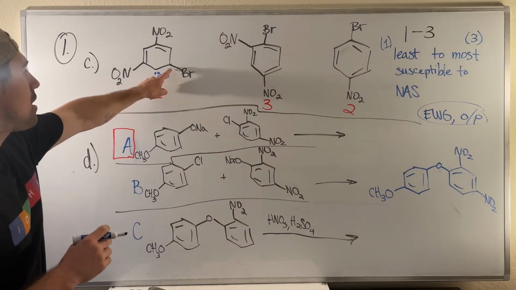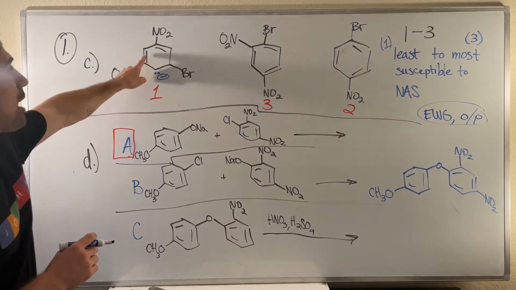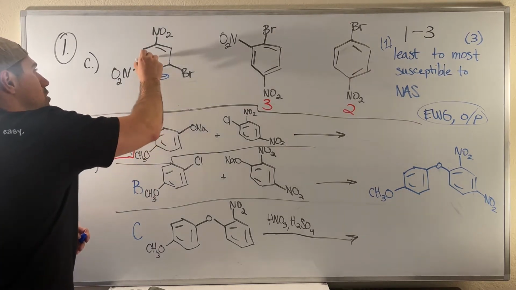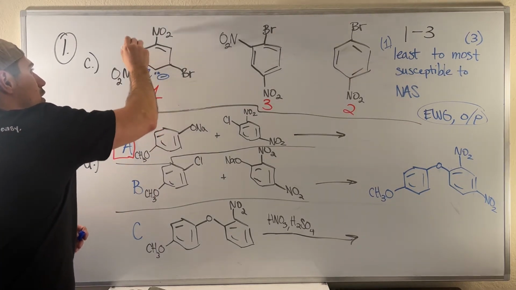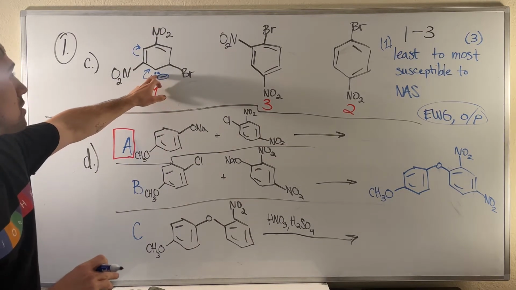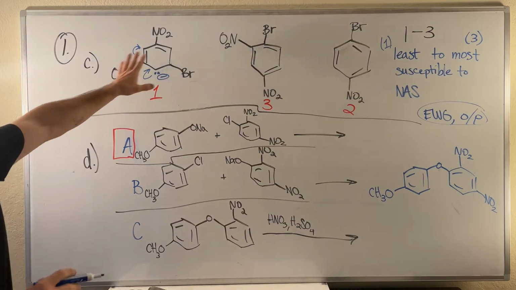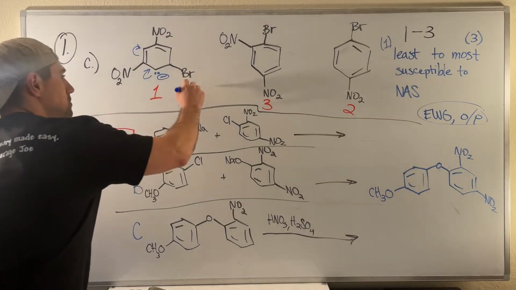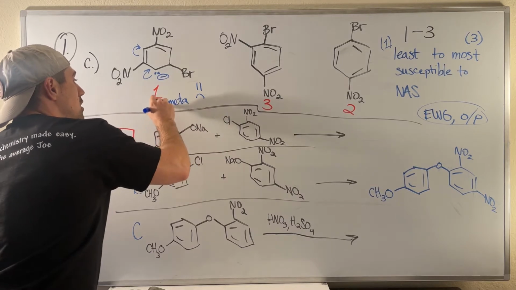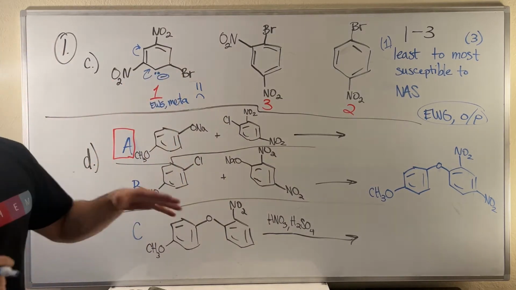We actually see that where this leaving group is, we have meta and meta. And if you do the resonance, you're going to see that we don't get to take advantage of these withdrawing groups. We don't get to have them stabilize this lone pair through resonance. So unfortunately, this is not a great situation. We have EWGs, which is good, but they're meta to where our leaving group is.